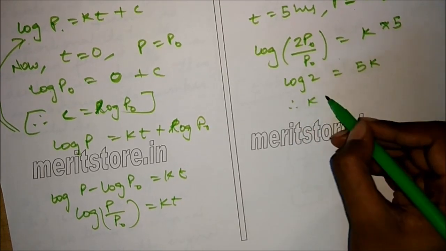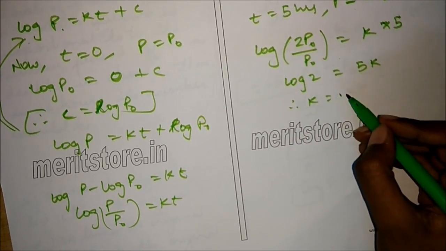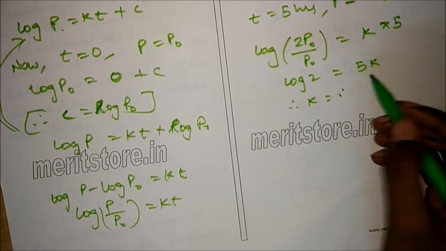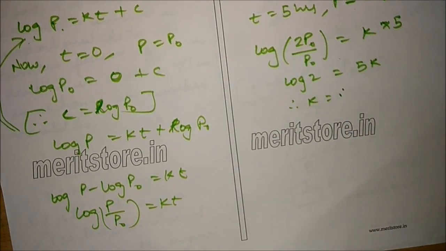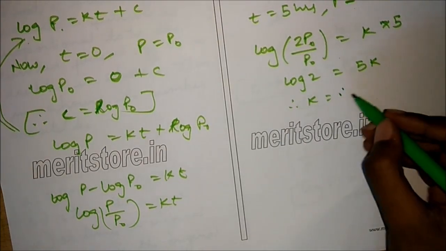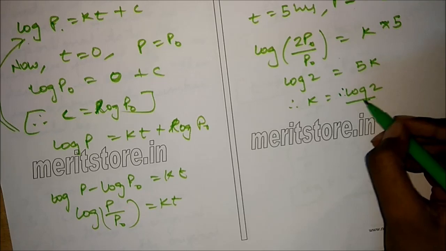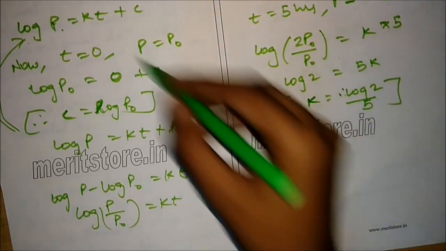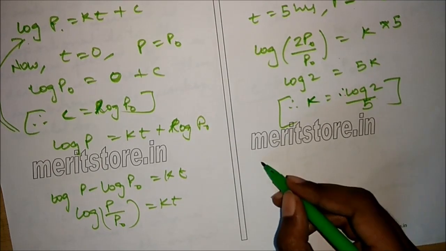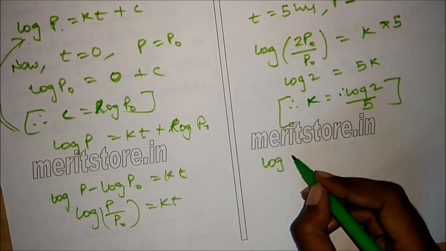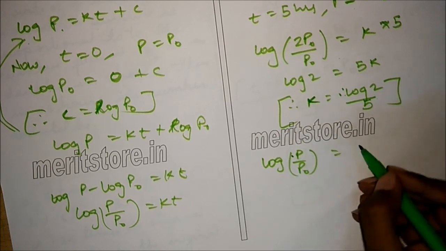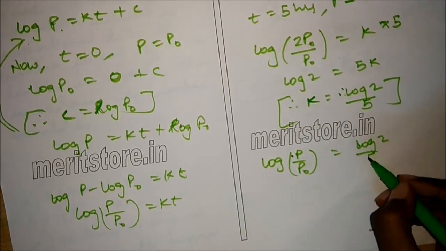Therefore k is log of 2 by 5. See, we got the value of k, we got the value of c. Now we will get the complete equation, which is log of P by P0 is equal to log of 2 by 5 into t.